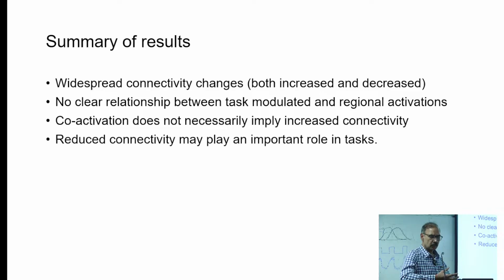So maybe another way to describe it is that there is always this question that when you perform a task, there is an increase in blood flow, and specific regions get activated.